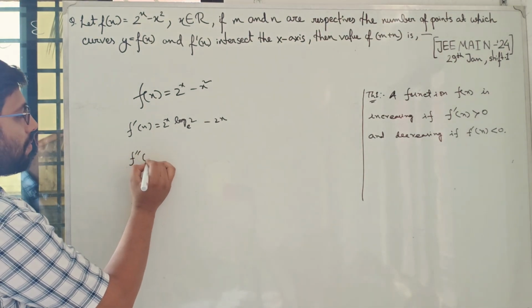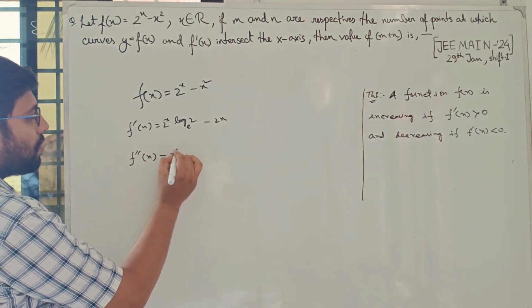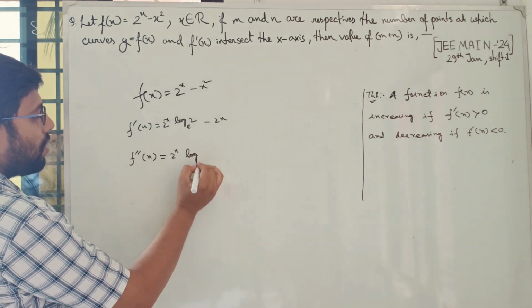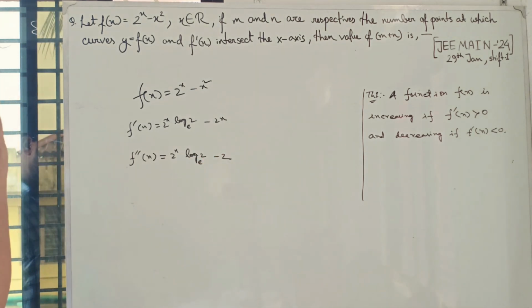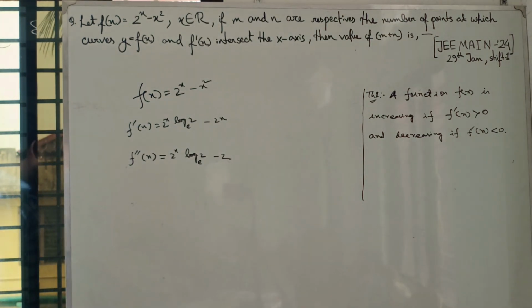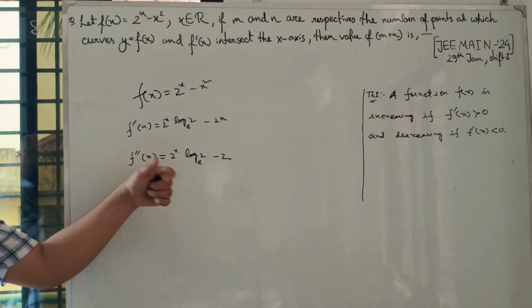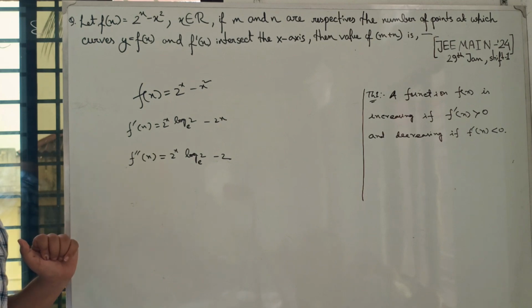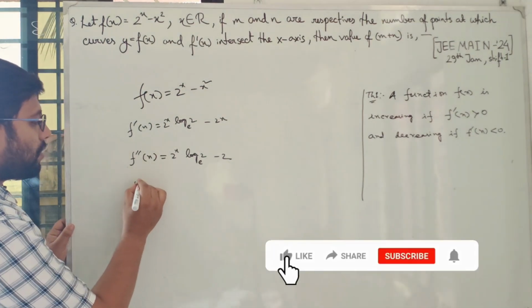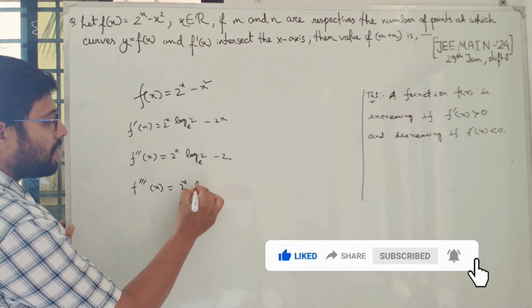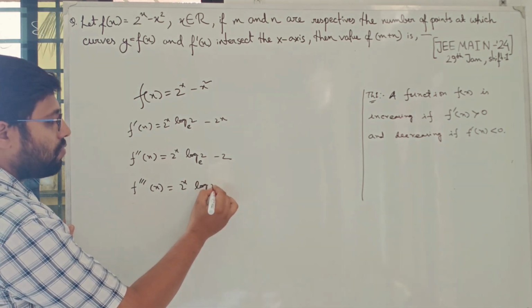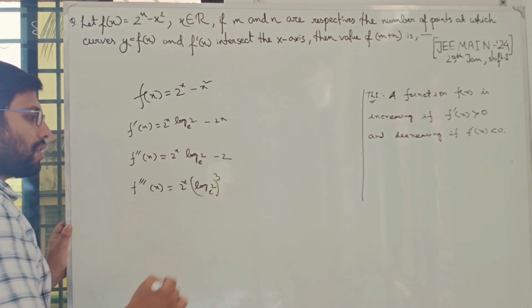Now f''(x) is 2 to the power x (log e base 2) squared minus 2. Once again, this is not clear, whether the function is positive or not. Now f'''(x) is 2 to the power x (log e base 2) whole cube.